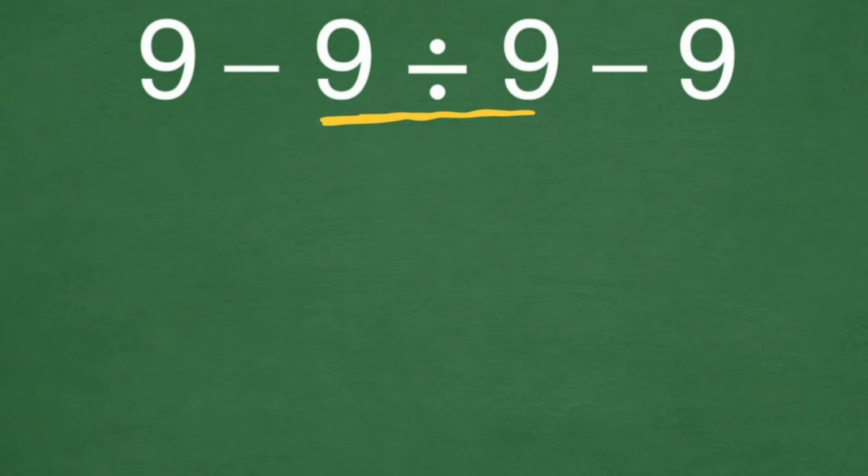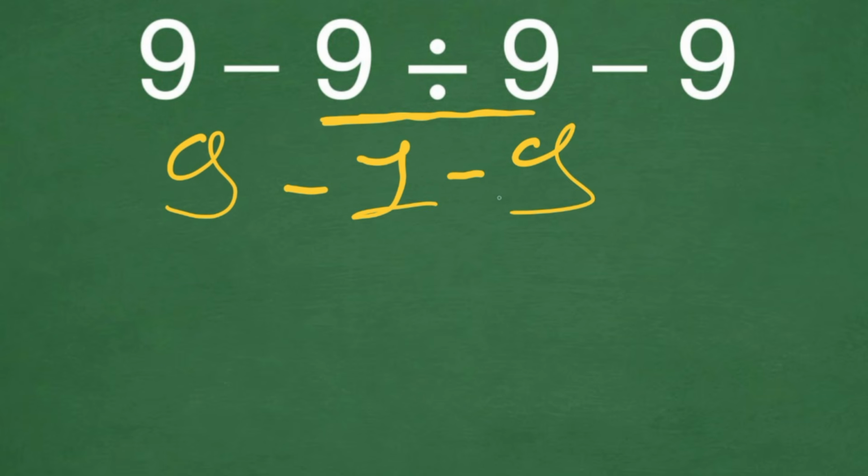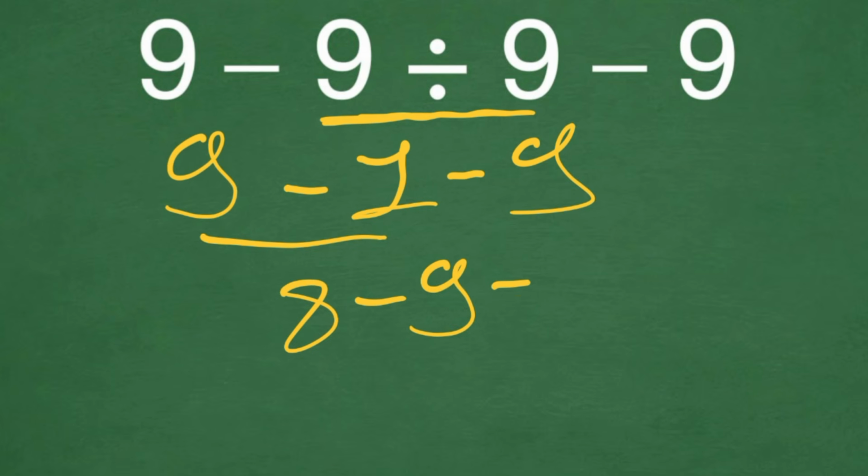So 9 divided by 9 is 1, and 9 minus 1 minus 9 is the next thing we are going to solve, and 9 minus 1 gives us 8, right? So 8 minus 9 gives us -1. So the final answer to this question is -1.